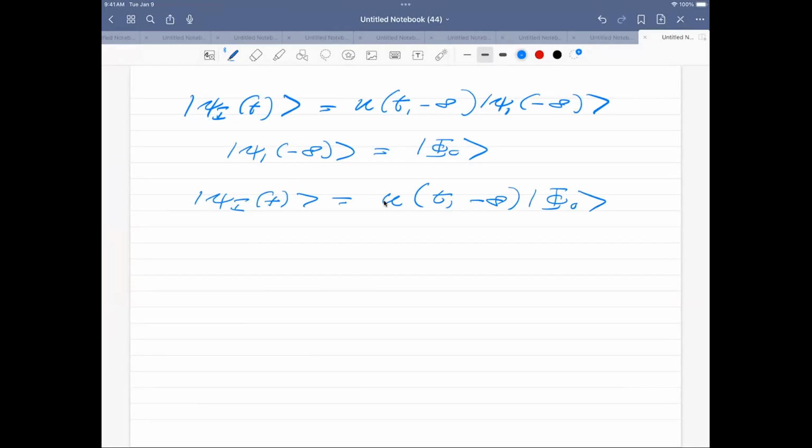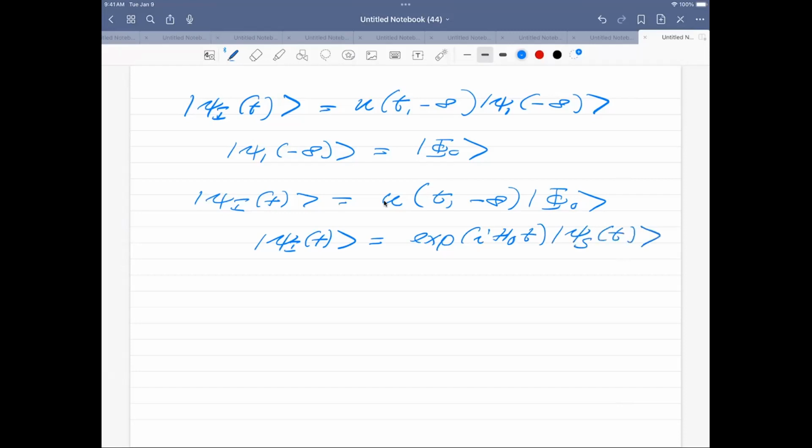Then, if we now use the Schrödinger picture, we know that this psi of t is the same as the exponential of I of h0 times t multiplied with the Schrödinger picture solution at time t.